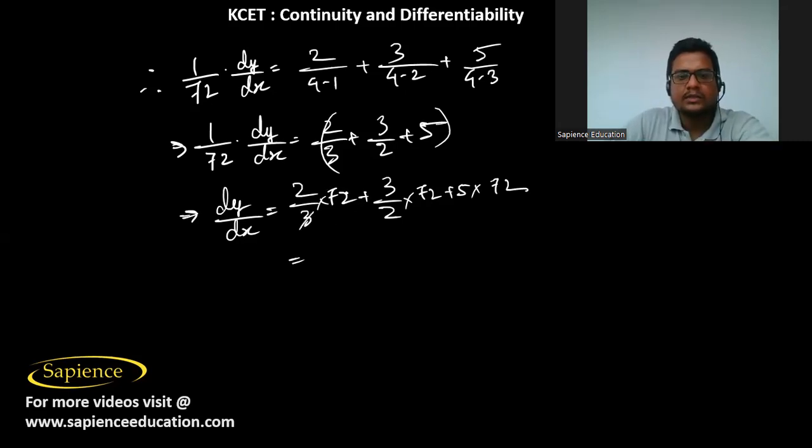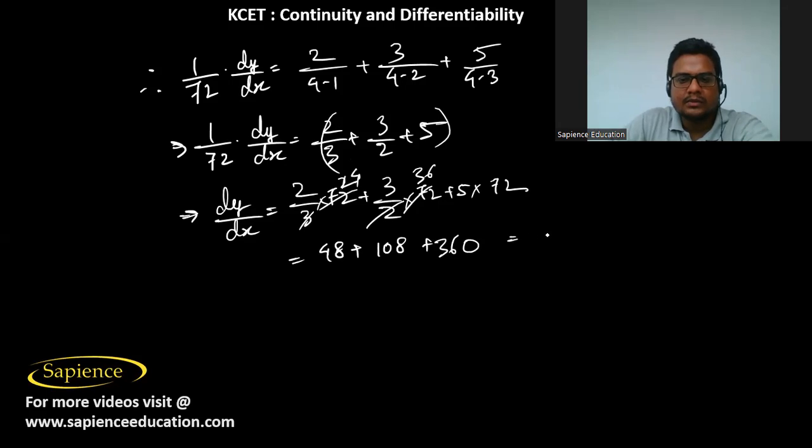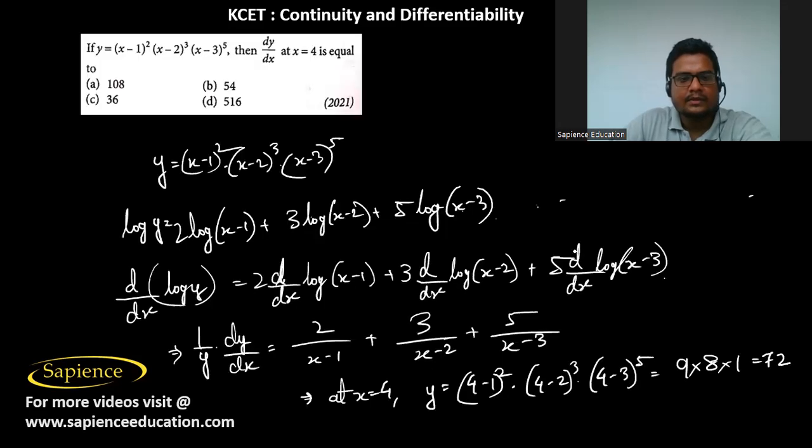So 3 4s are 12, 48, plus 36, 108, plus 360, which is 516. So option D is the correct answer.